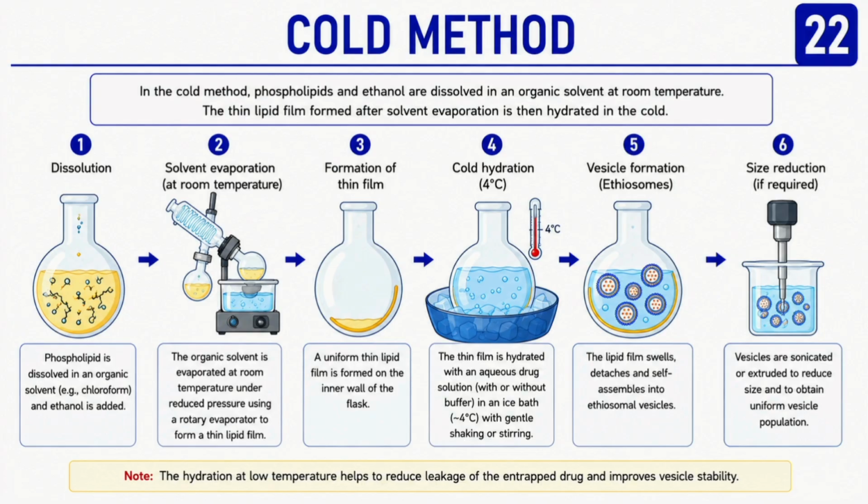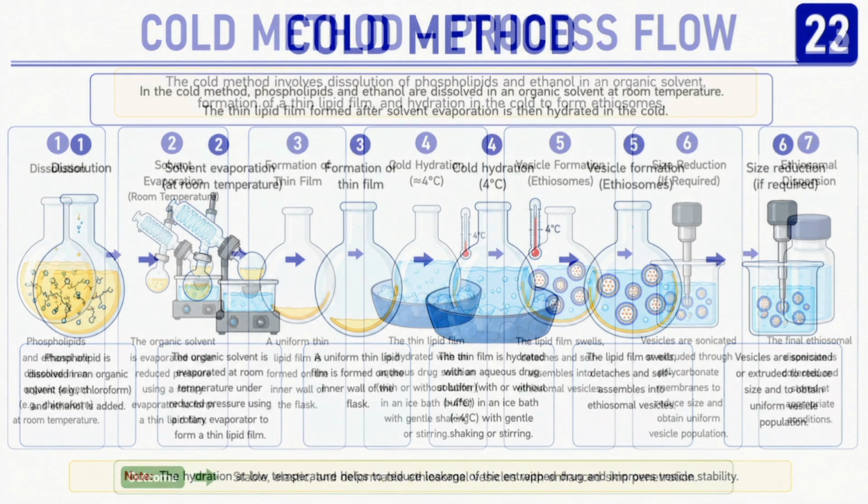In the cold method, the phospholipids and the drug are dissolved or dispersed in ethanol. The mixture is maintained under controlled stirring. The aqueous phase is then added slowly to the ethanolic lipid phase. This controlled addition promotes the formation of vesicular structures.